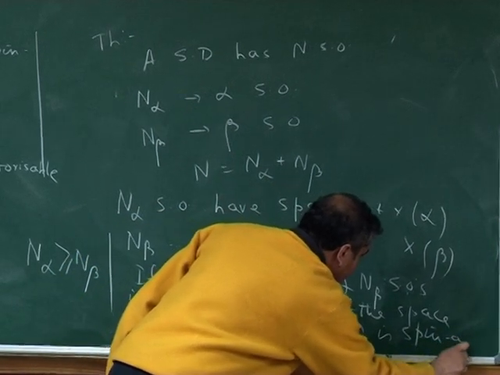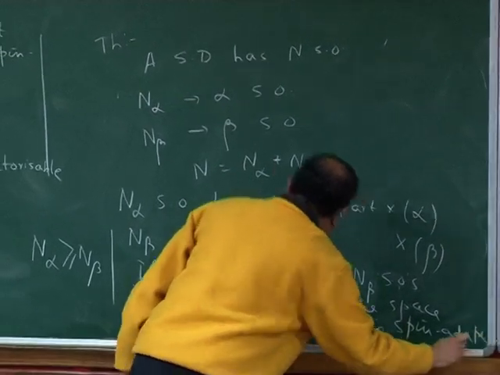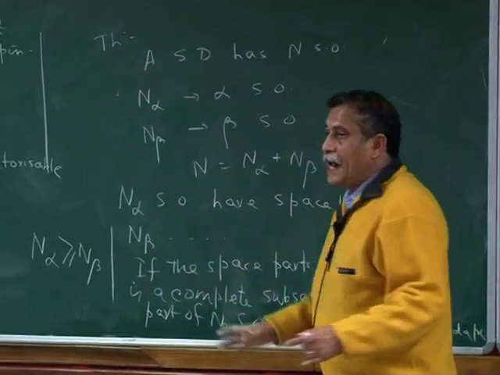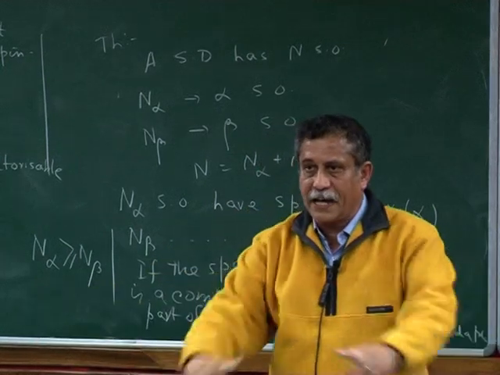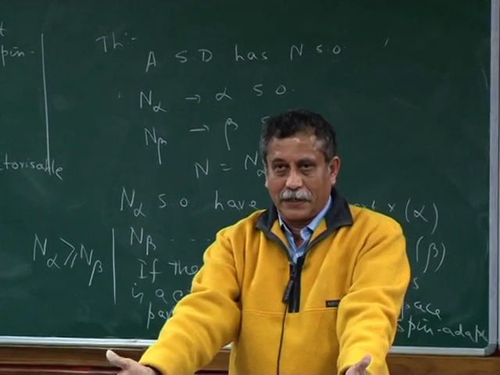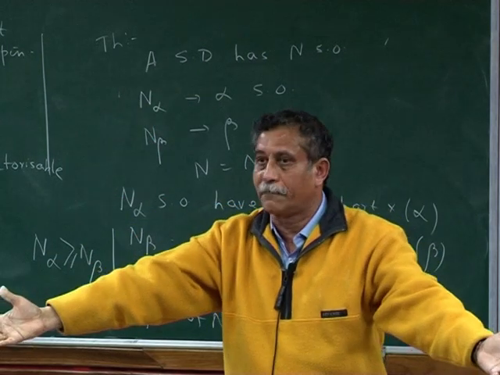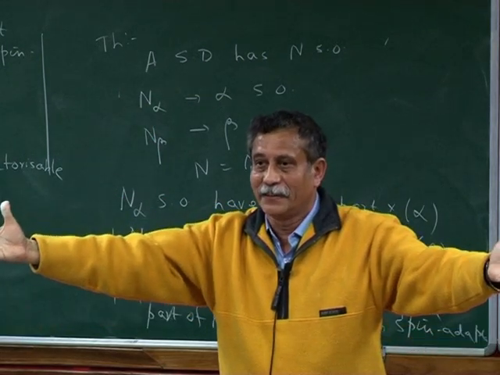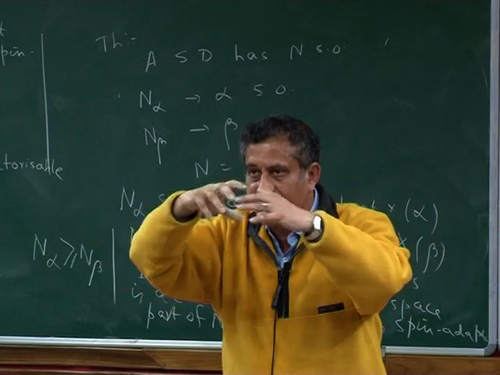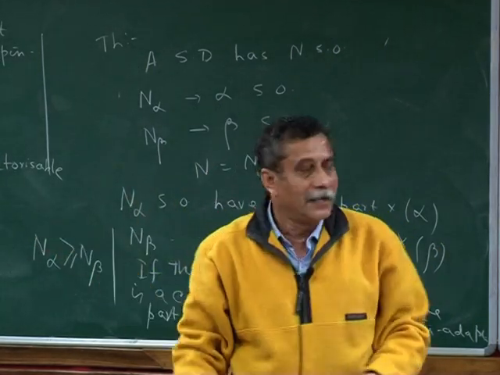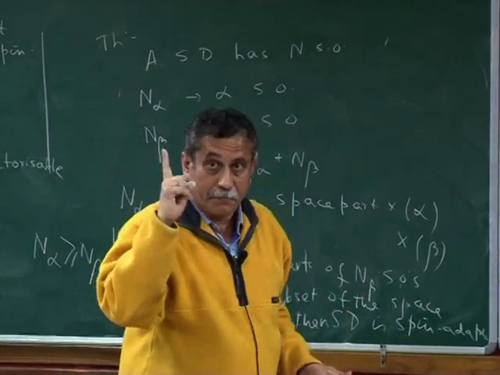I will explain this. So n alpha is greater than or equal to n beta, and n beta has some space parts. Those space parts should be completely contained in the space parts of the n alpha, which is the larger set. I hope you understand. This should be a complete subset of the larger one. Then it is a spin eigenfunction.